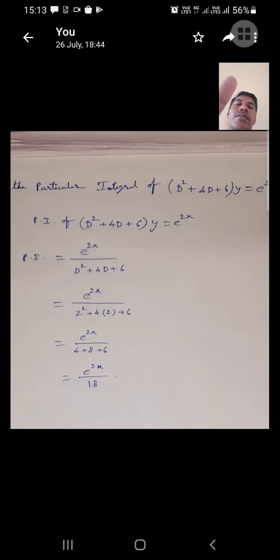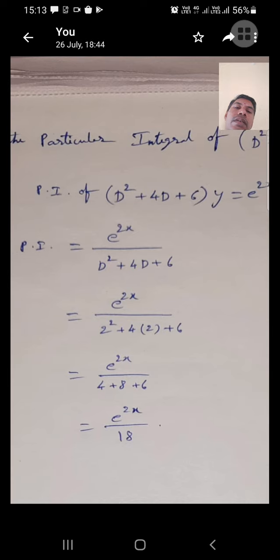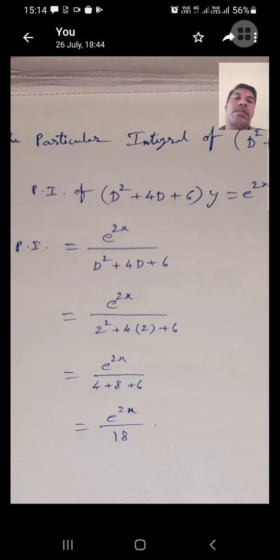So PI equals e power 2x by D square plus 4D plus 6. For e power ax we have to write a in place of D. Here we have 2, so write 2 in place of D. Then we get e power 2x by 18.